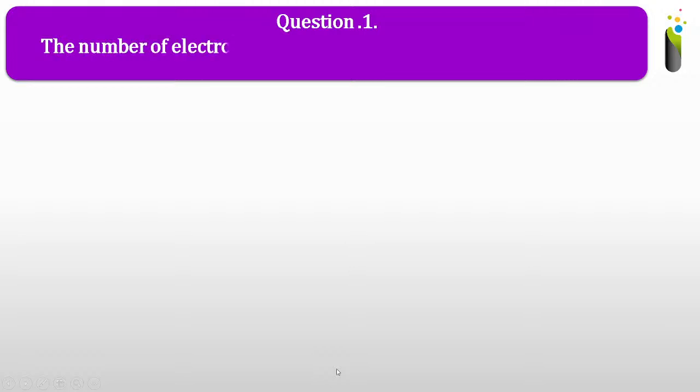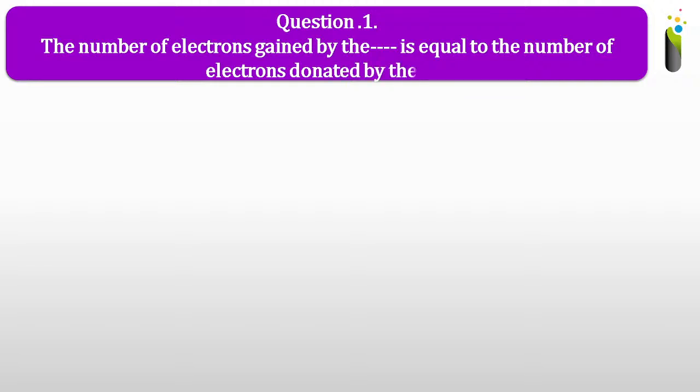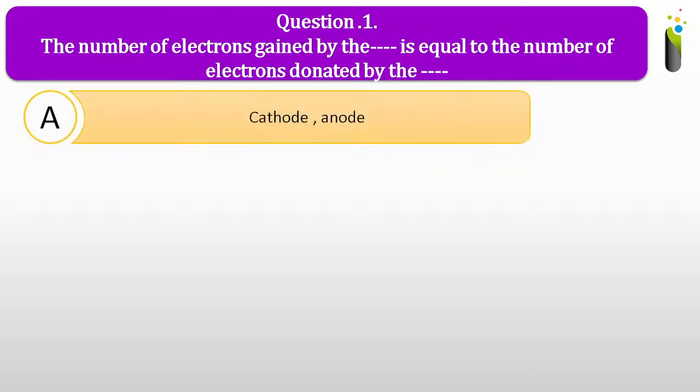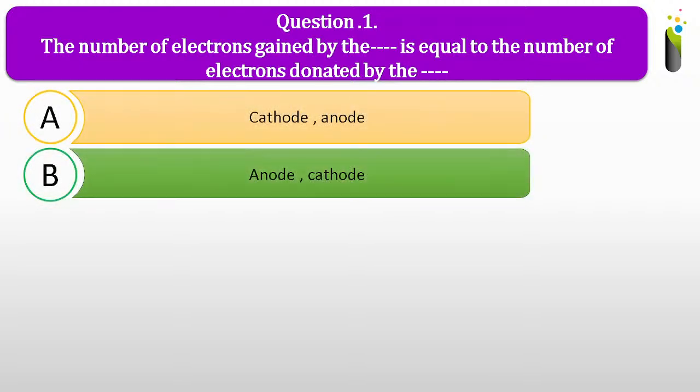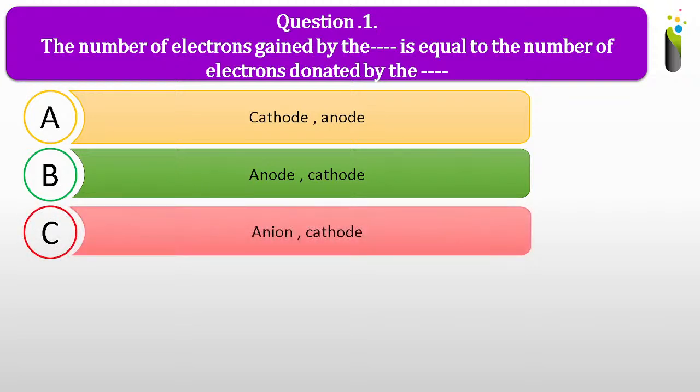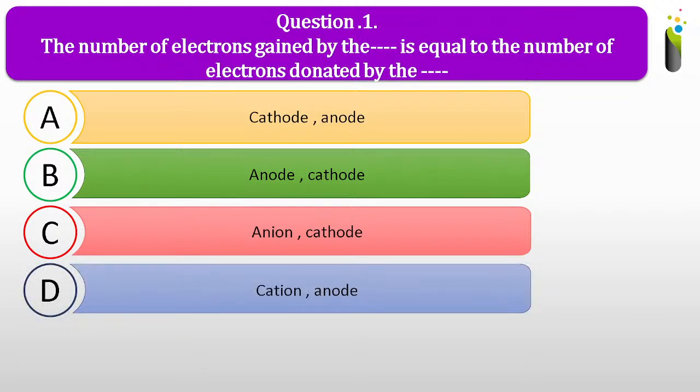Question number one. The number of electrons gained by the dash is equal to the number of electrons donated by the dash. A. Cathode, anode. B. Anode, cathode. C. Anion, cathode. D. Cation, anode.